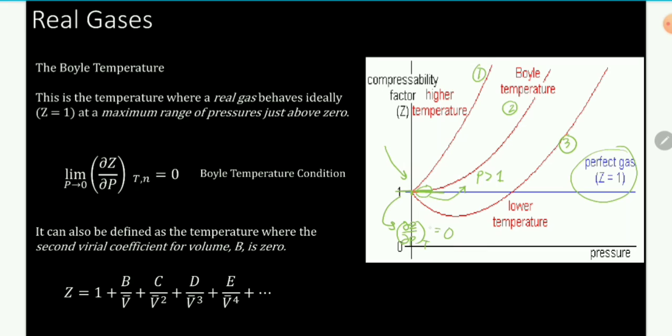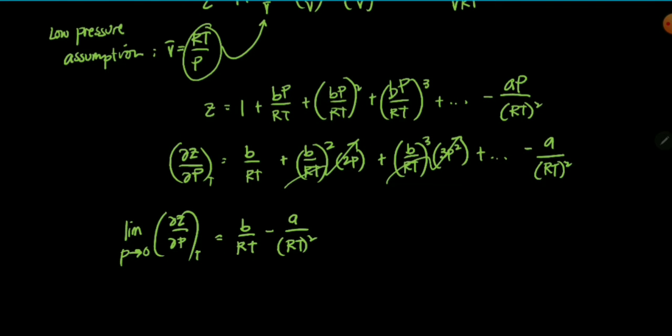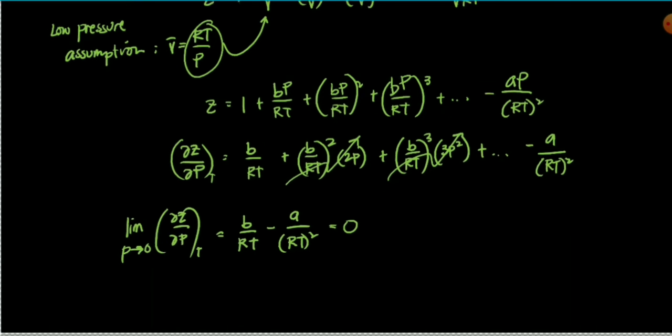So, nangyayari lang yung equal to 0 na yan kapag nasa limits ka at P approaches 0. So, all we need to do now here is to equate this to 0, para yung slope ng ating line ay horizontal, therefore, the slope is 0.